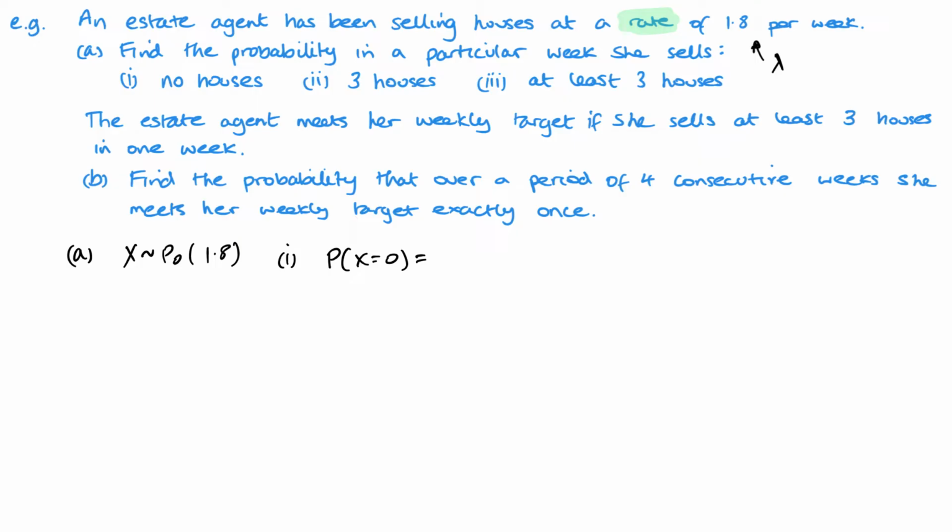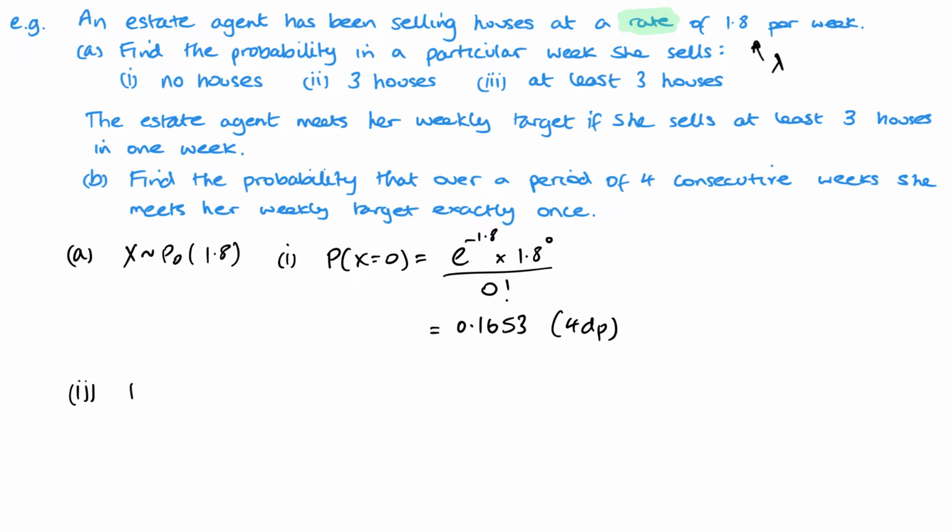So for this, we just use the formula. So we've got e to the minus 1.8 times 1.8 to the power 0 over 0 factorial. That is going to give us 0.1653 to 4 decimal places.